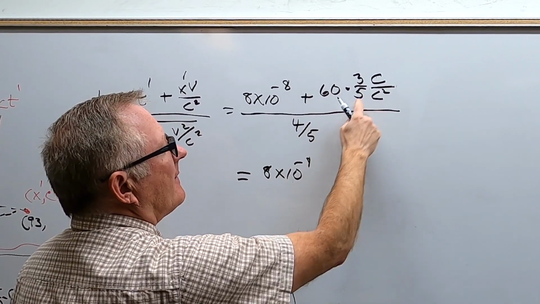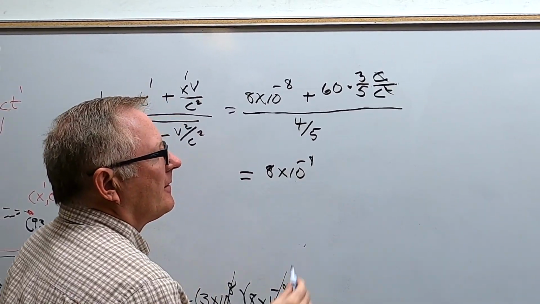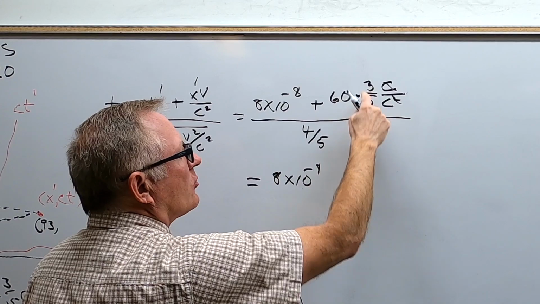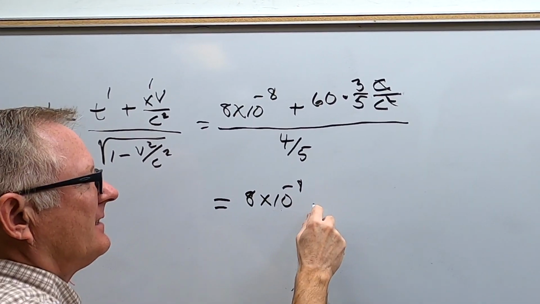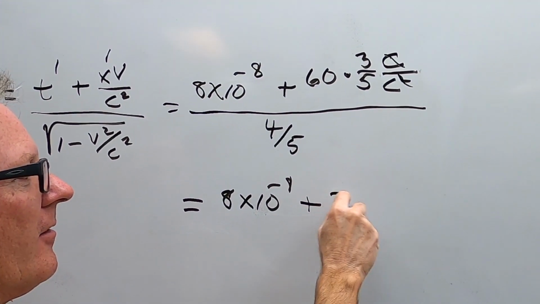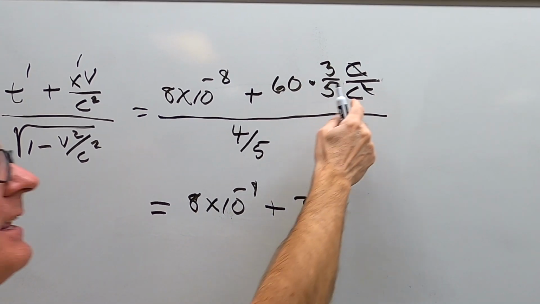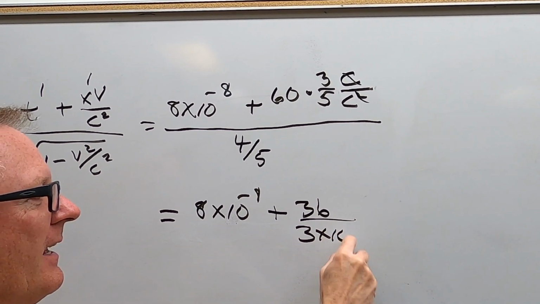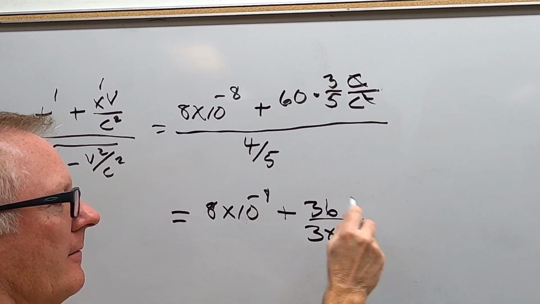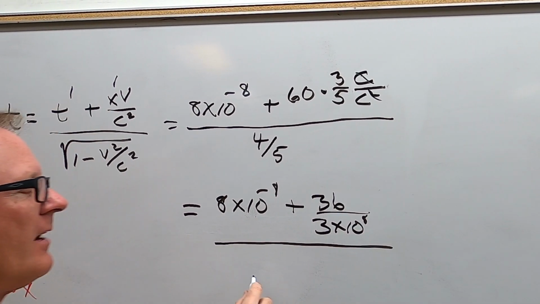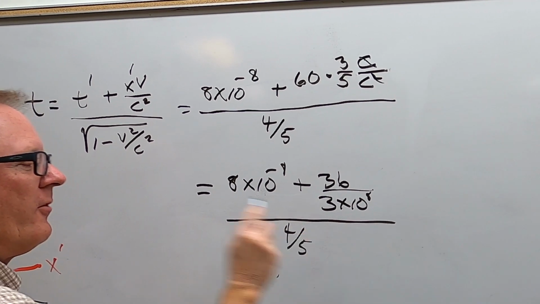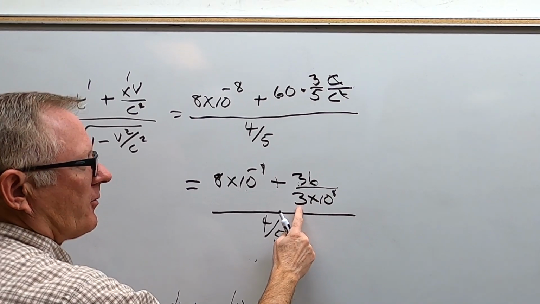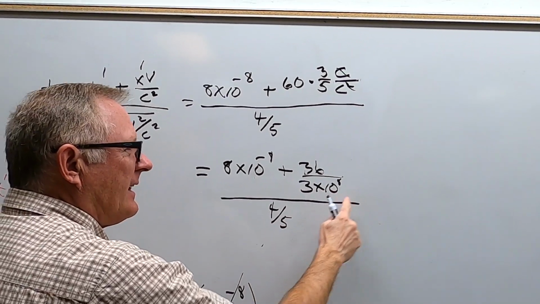This right here, one of the c's is gone, and so we get 180 over 5. Well, this is 12 times 3, that's 36, plus 36, and then divided by c, which is 3 times 10 to the 8th, divided by 4/5. Well, the 36 over 3 is 12. Bring that up to the top.